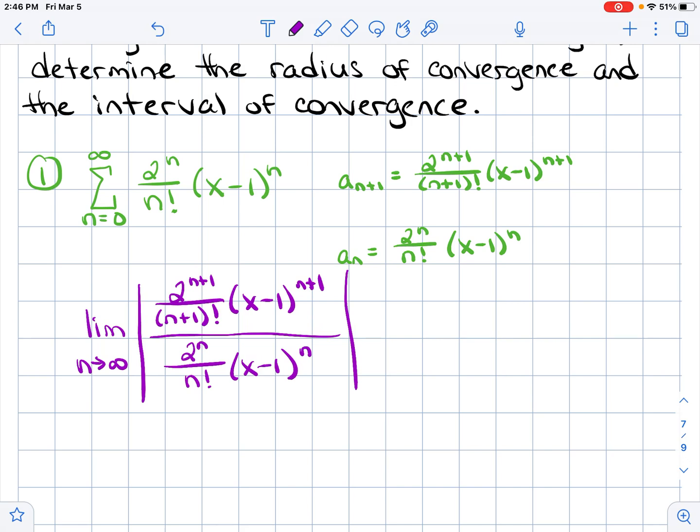We're taking the absolute value because we don't care if we're multiplying by a positive or a negative. We're saying we just need to know if this limit is less than 1 or not.